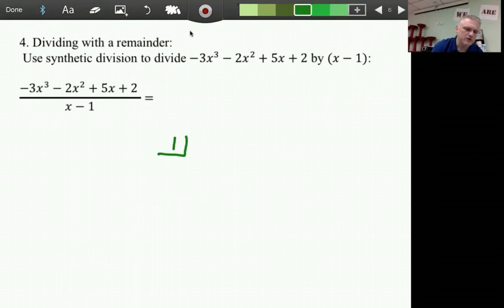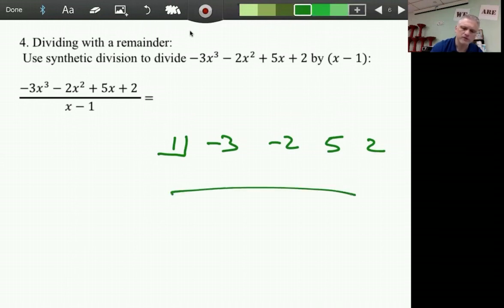Now let's look at our coefficients, -3, -2, +5, and +2. And we have x to the third, second, first, and then to the 0 power. So there are no gaps in the exponents, which means I'm not going to have to put any placeholder zeros.